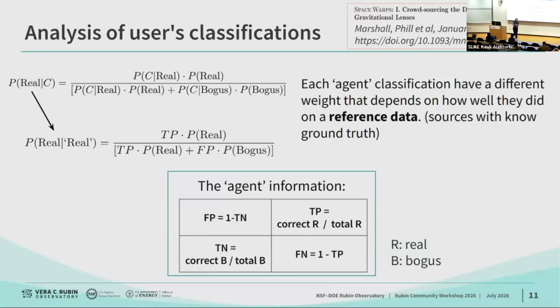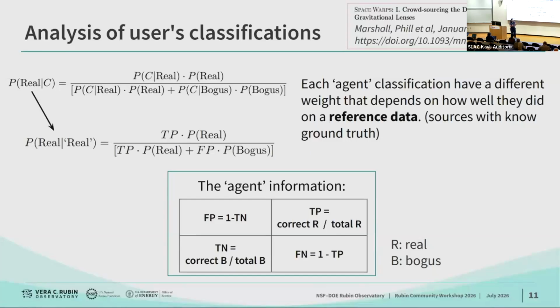So instead of using just the consensus, the majority vote, we update the probability of the source being real based on each classification. And each classification has a different weight that depends on the user that did the classification.